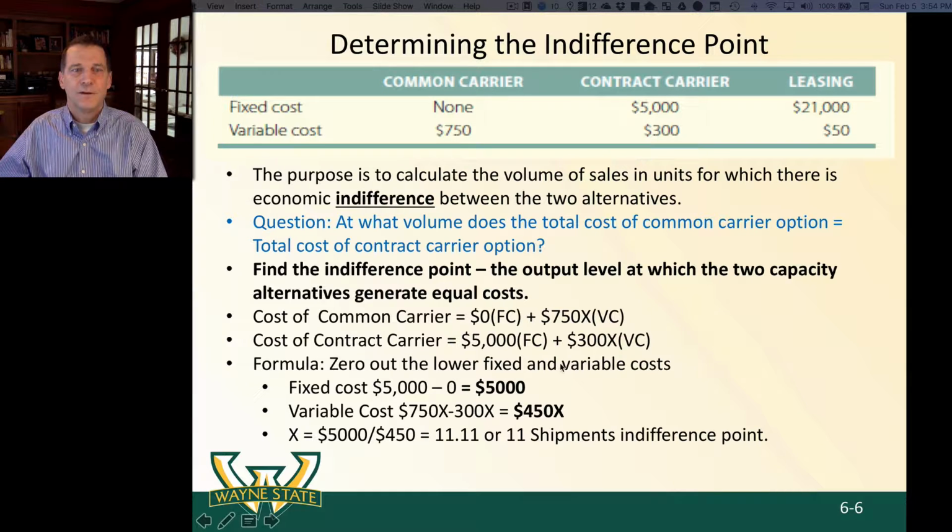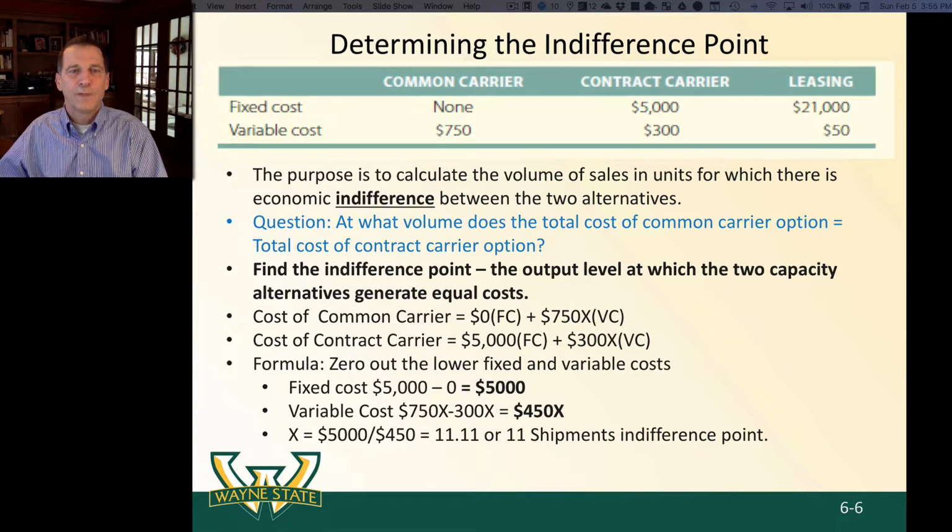Then we do our calculation: 5,000 divided by 450 equals 11.11, or 11 shipments rounded. So at 11 shipments, we would almost be at our indifference point, 11.11. We don't have 0.11 of a shipment, so we'd round it to 11.